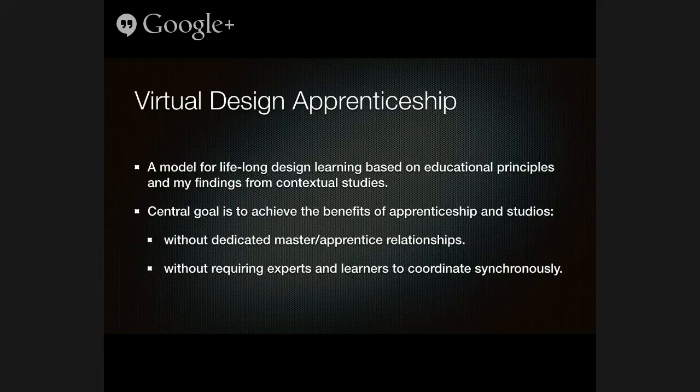It's all based on work that I did here at Berkeley and elsewhere, where we wanted to capture these goals, getting the benefits of apprenticeship in studios.